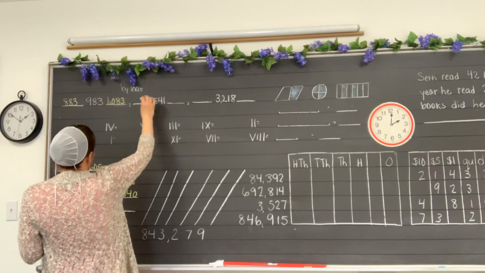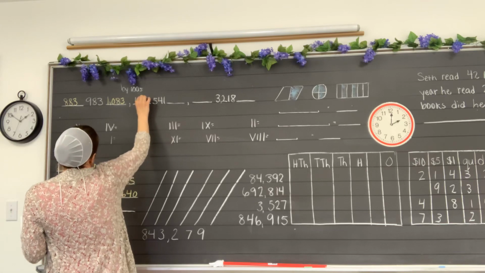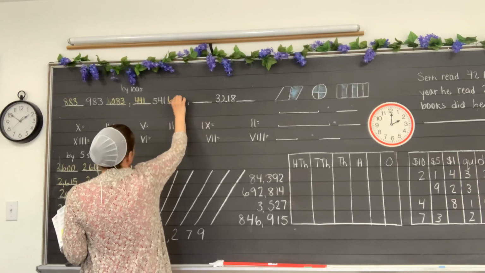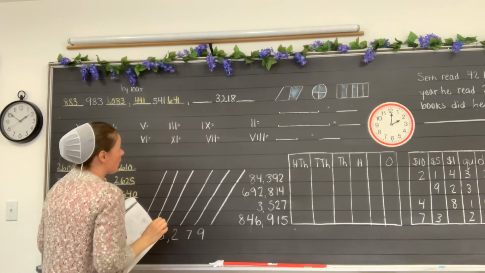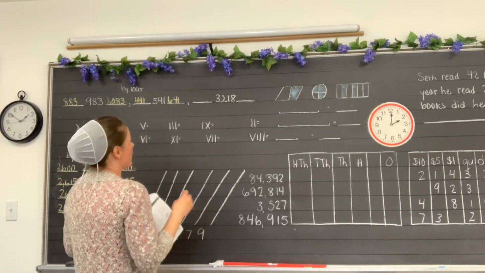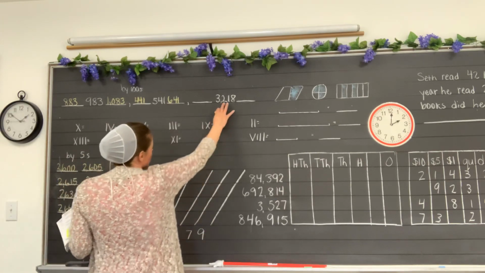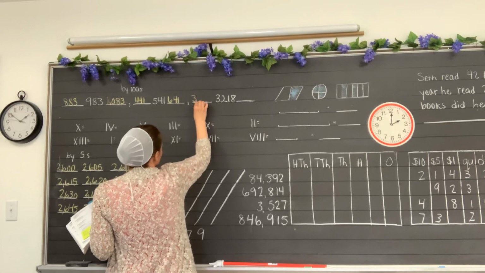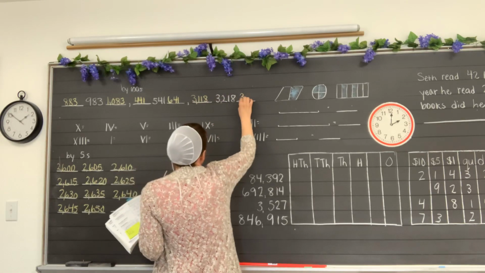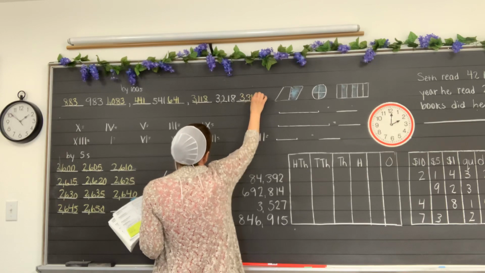Before 541 would be 441, because 4 comes before 5. 541, 641. And then we have 3,218. You look at the hundreds place and change that number. So before 2 comes 1, so 3,118. And then 3,318.